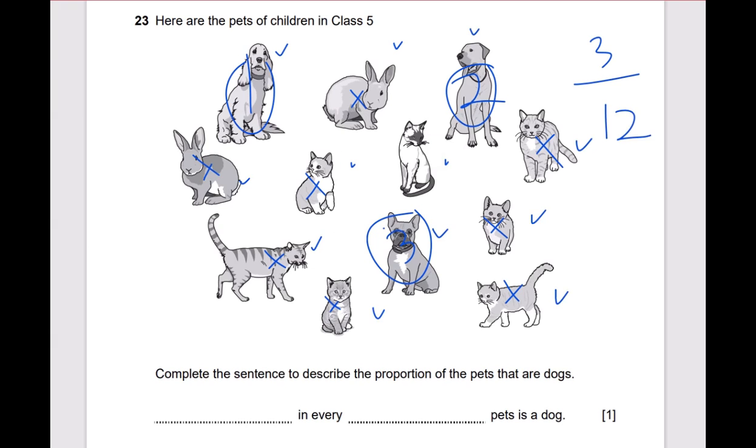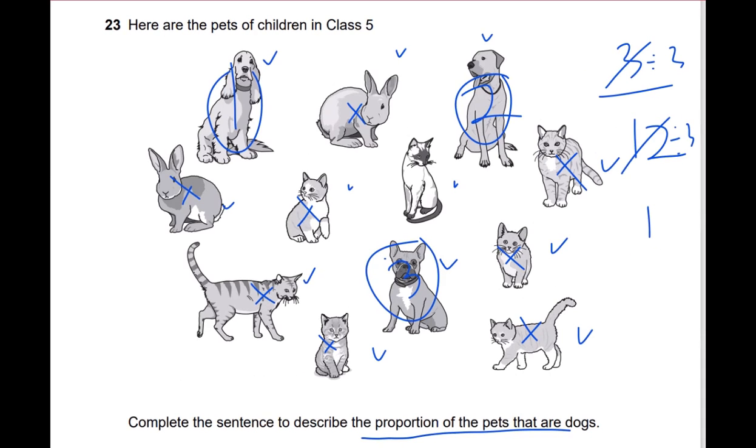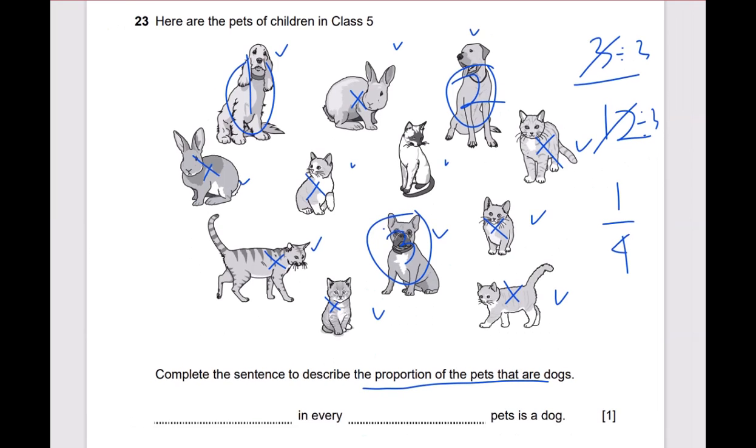The proportion that are dogs is 3 over 12. We simplify by dividing by 3, which is 1 over 4. So now we have 1 in every 4 pets is a dog.